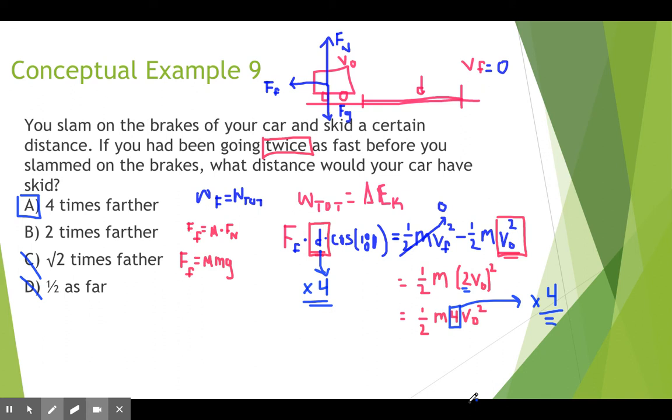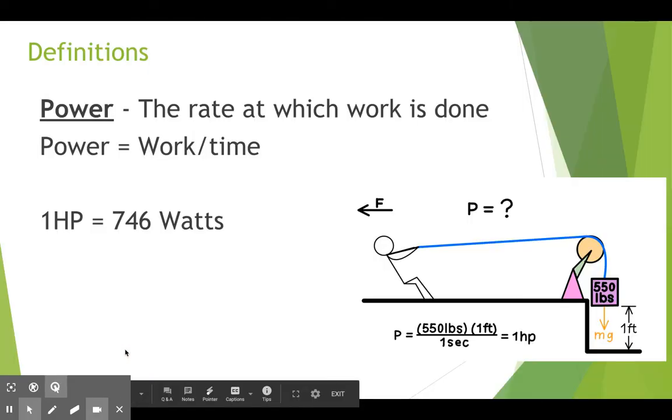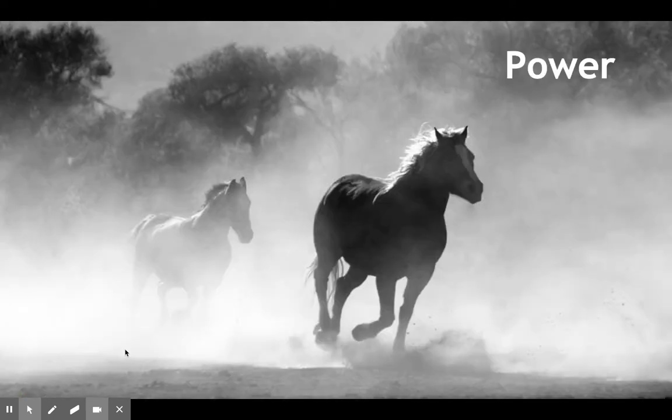So heading on to page 8 of the guided notes, we're going to discuss quickly the idea of power. The significance of the horse picture here: 1 unit for power is horsepower.